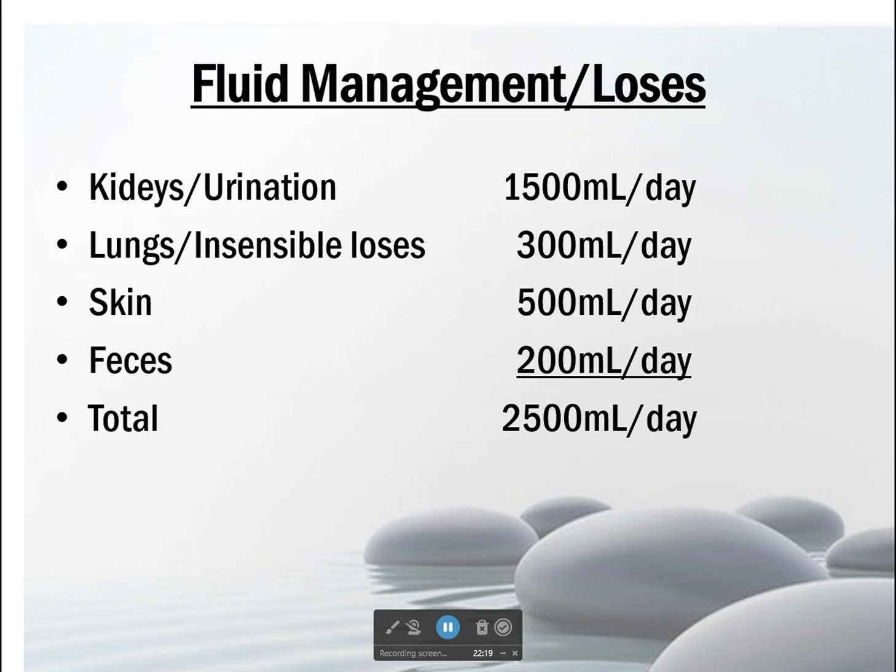In total, that's about 2.5 liters a day that are lost in fluid. If you're exercising, even if you're exercising aggressively, you're probably only losing about 3 milliliters a day. So that just gives you an idea of where the fluids are and where they're managed with the different organ systems in our body.